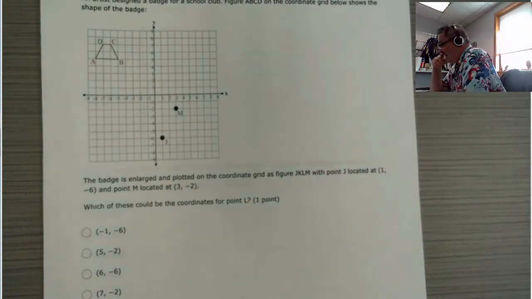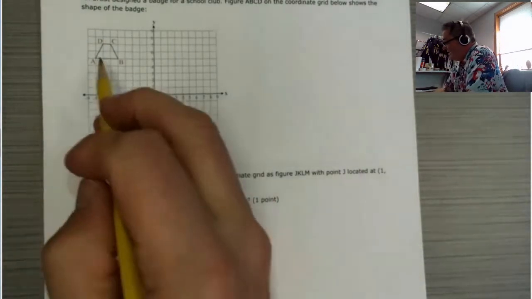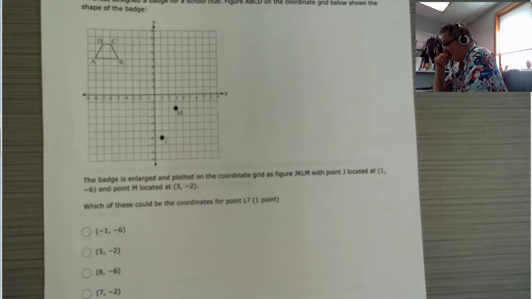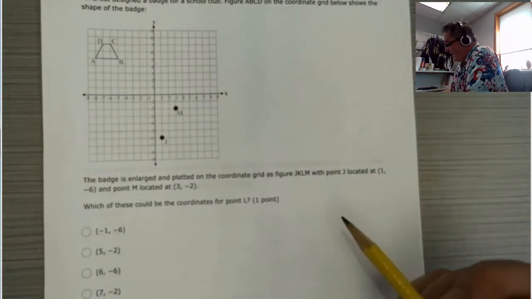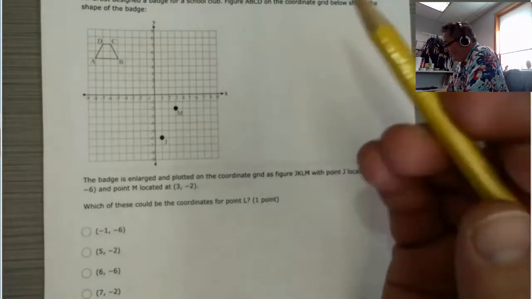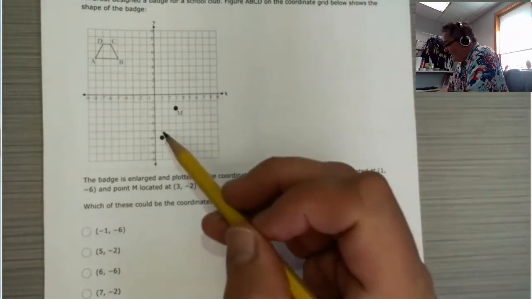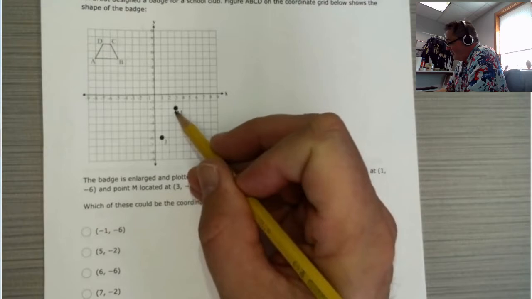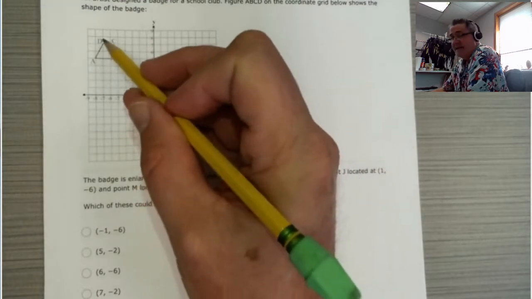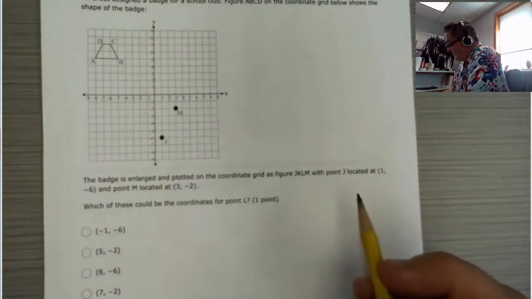An artist designed a badge for a school, and so figure ABCD on the coordinate plane shows the shape of the badge. All right, so we have this trapezoid-looking badge. The badge is enlarged and plotted on the coordinate grid as figure JKLM, and we have J and M, which should be corresponding to A and D on the other figure.